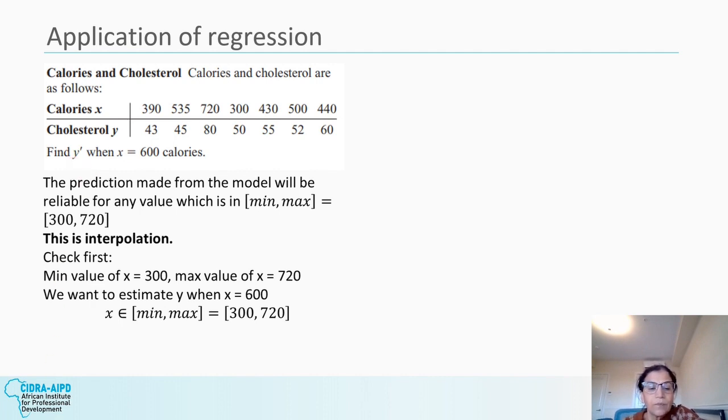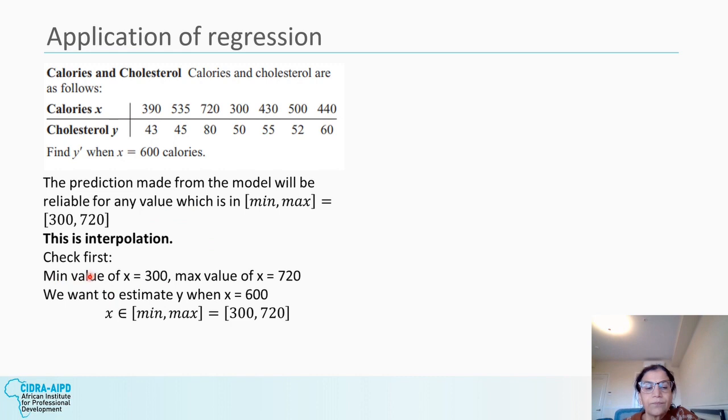First you have to check something. You have to look at the minimum and the maximum value of X. The minimum is 300, maximum is 720. So before you proceed, check first.